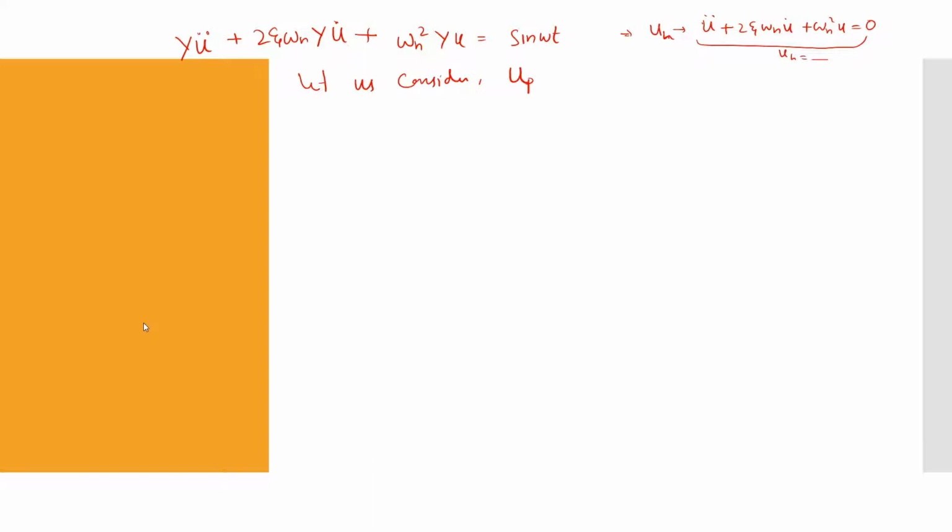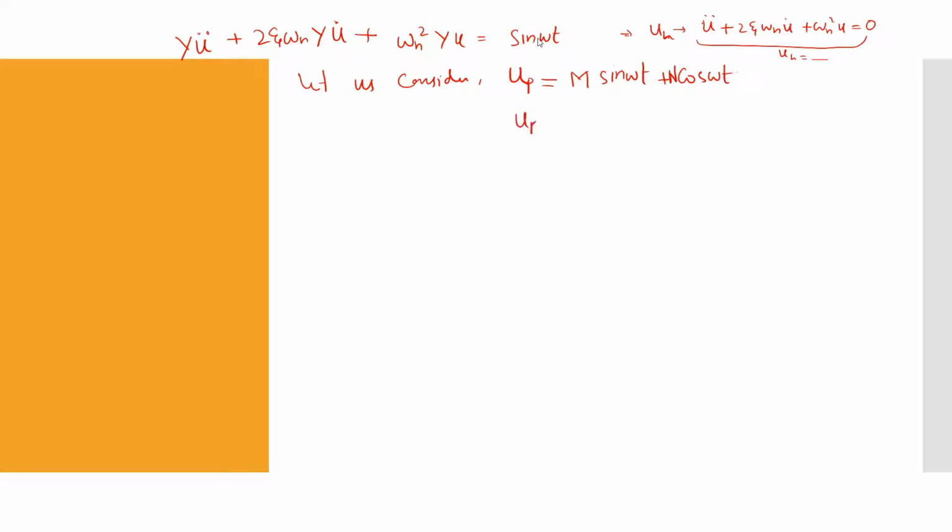But now the right hand side is non-zero, so for another case we will consider the particular solution, and we can write it as u of p equals m of sine omega t plus n times cos of omega t.